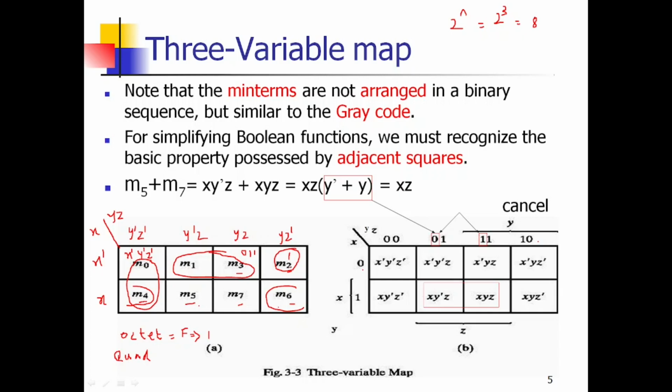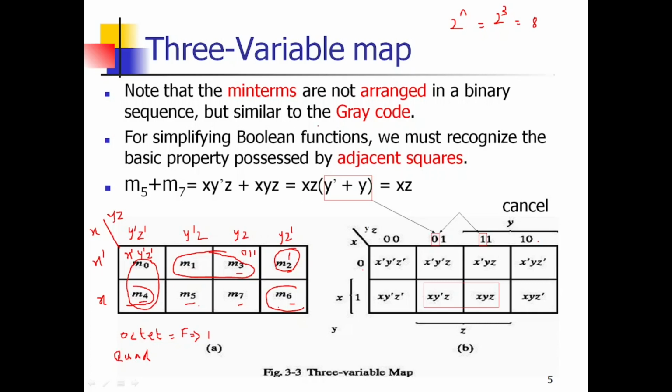The minterm m2 have to be written as it is. Okay, x dash y z dash. And for the remaining single ones also, we have to write the corresponding minterm. Okay, so this is the way we have to make the 3 variable mapping.